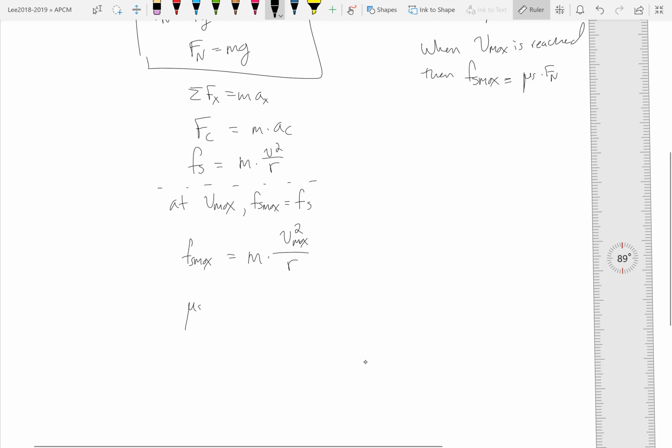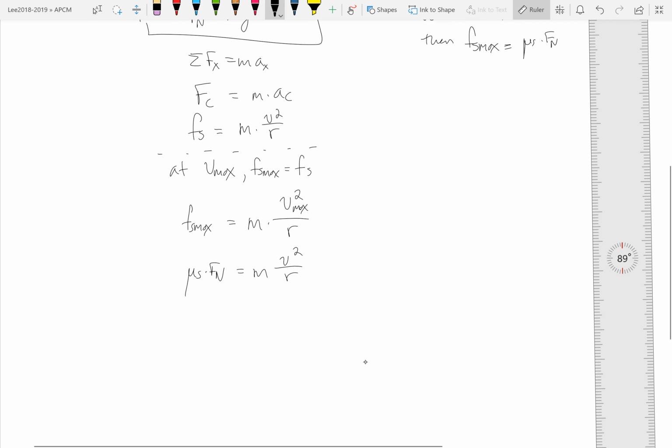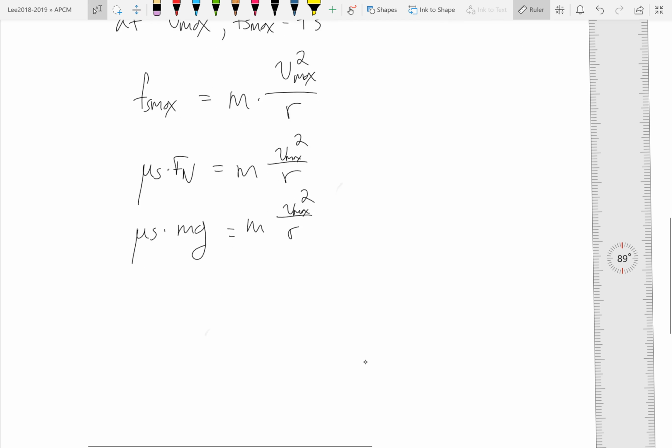And we know at a maximum, mu s times the normal force is Fs max. It's mv squared over r. But wait, we know the normal force is mg in our example because it's a flat roadway. Mv squared over r. I'm sorry, these should be v max. My m's cancel.